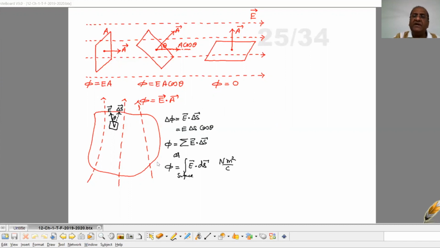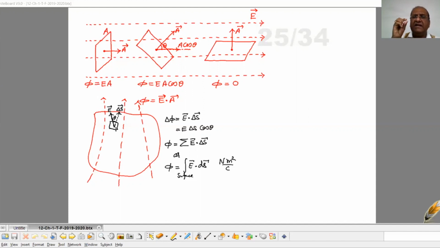Now suppose the electric field is non-uniform, and the surface under consideration is also an odd, uneven surface. In that particular case, if you want to calculate the total flux passing through that surface, how do we calculate it? Again, we have to divide this surface into so many infinitesimally small elements.